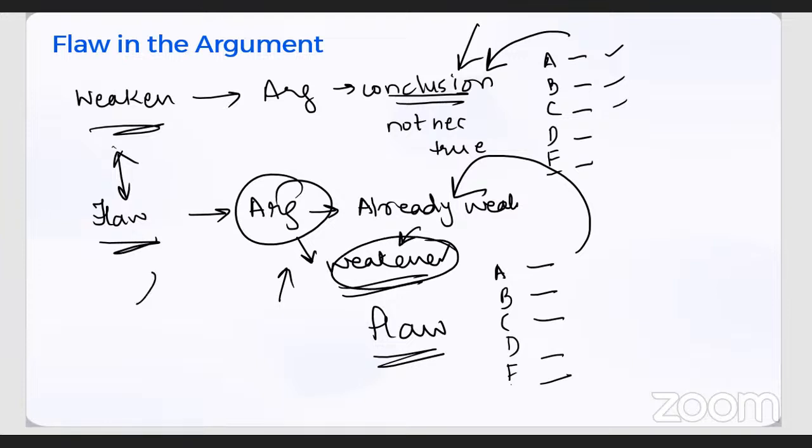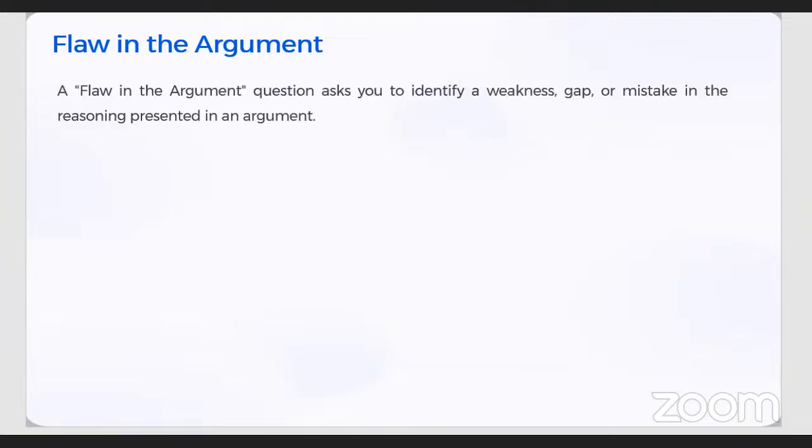Okay, most of the flaw in the argument questions will have the word flaw in it, but not always so. We have to look at how the question stem has been presented for us to understand. So let's simplify it a little further. A flaw in the argument question is asking you to identify an already existing weakness. It might be a gap. It might be some misunderstanding, some mistake in the reasoning that has been presented in the argument.